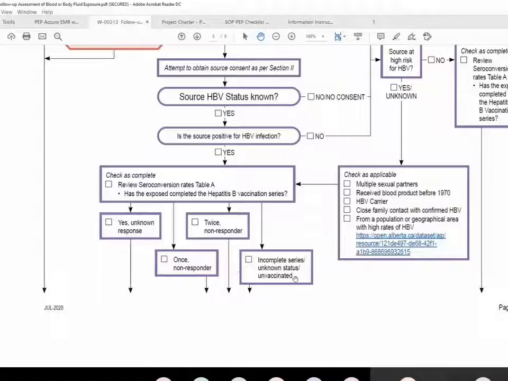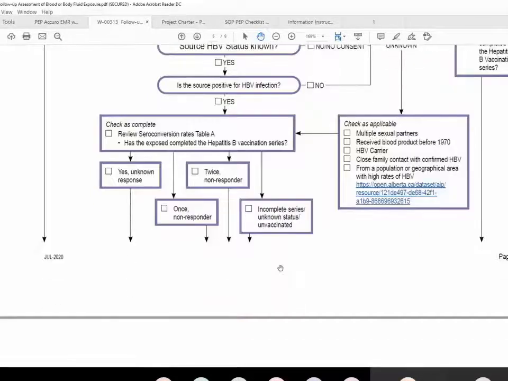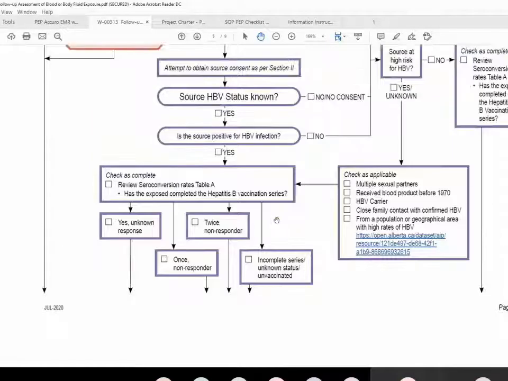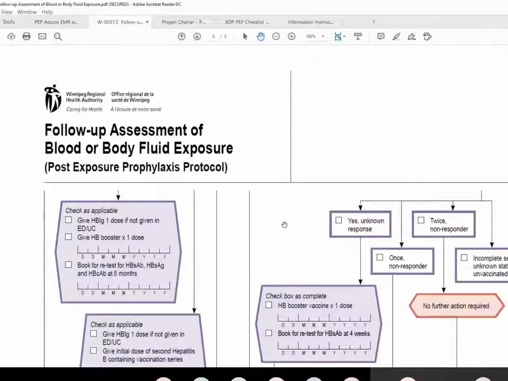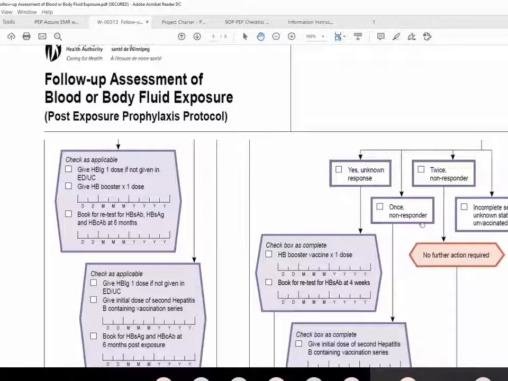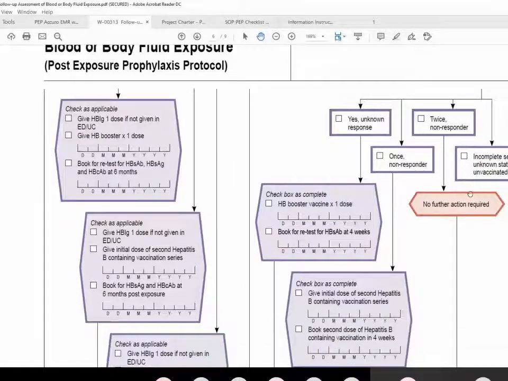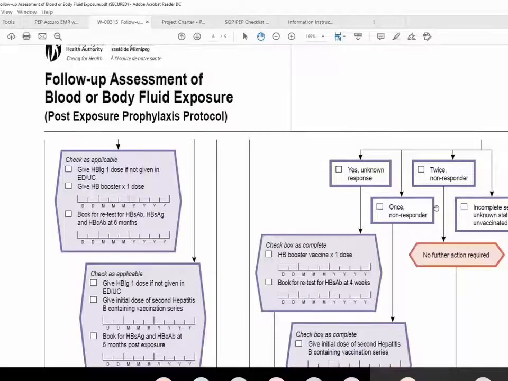If they haven't completed the series, they've never done it, or you don't know what their status is with an uncompleted series, you'd follow the 4th pathway. Similarly, we have those same 4 options if the source's status is unknown, and we have 4 additional pathways there.